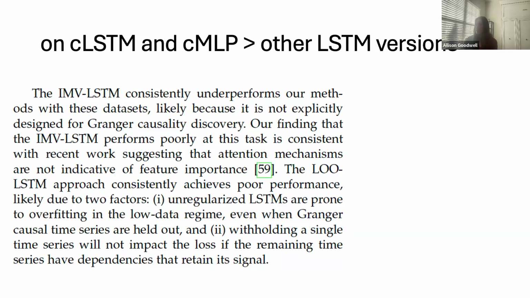If you withhold a single time series, it won't impact the loss if the remaining time series have dependencies that retain its signal. So it's related to potential interdependencies between input variables, I guess.